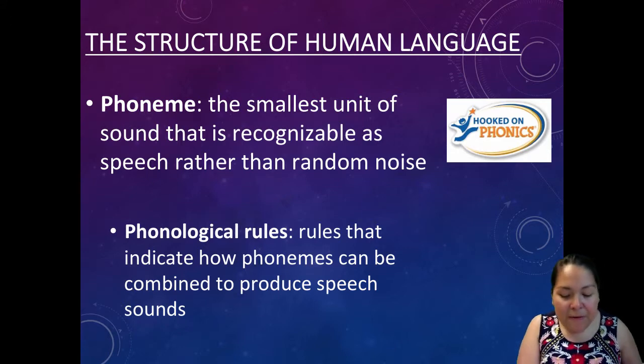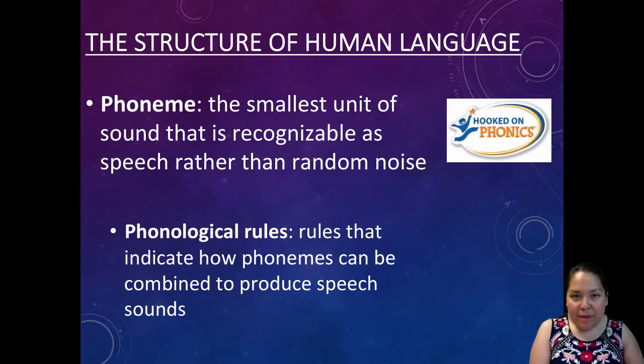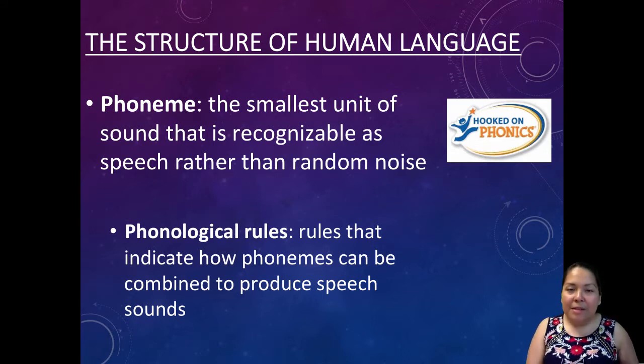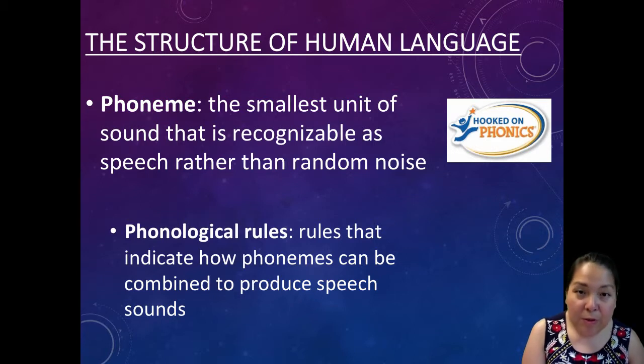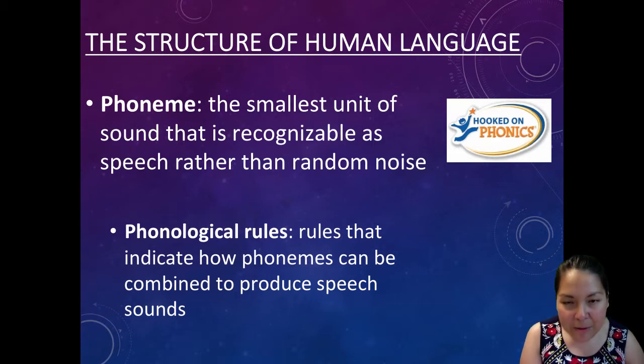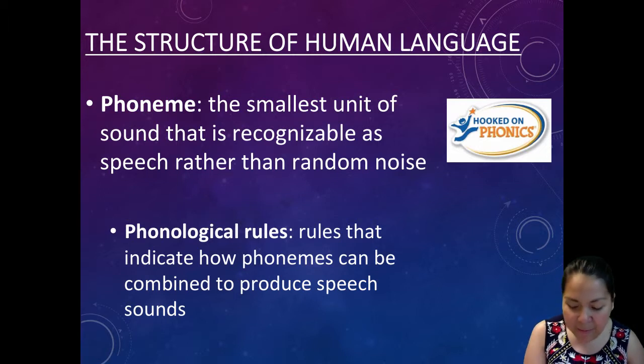So the combination of phonemes is governed by phonological rules. One example of these rules in English involves the letters T and S. Typically we do not see words that begin with the letters T and S unless from another language, such as tsunami, but nevertheless it is usually pronounced as an S. The TS sound commonly begins words in German, but we can recognize languages simply based on this familiarity with their phonological rules.